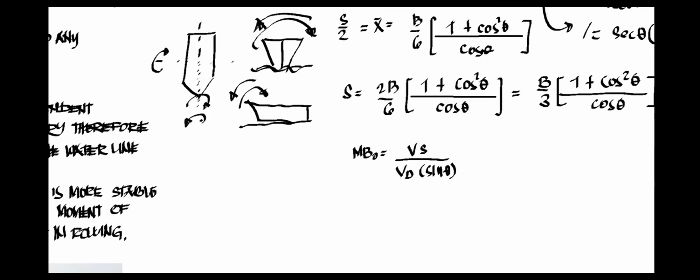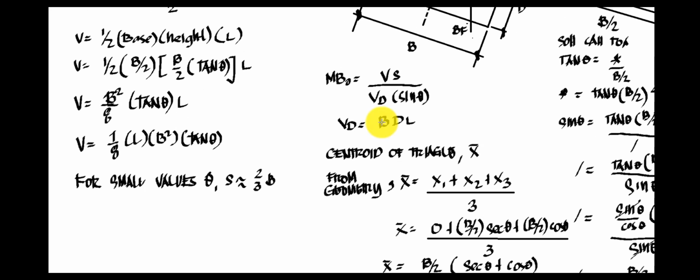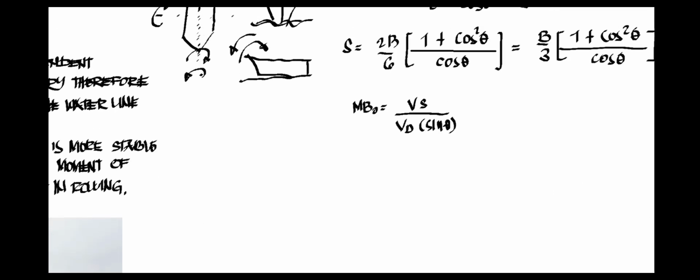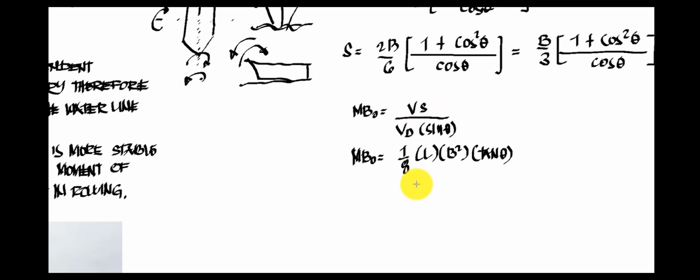Now substituting the value of s and the value of bd, we have bdl multiplied by sine of theta. So substituting our value here, we have mu, where the value of b will be 1/8 times the length b squared times tangent of theta.